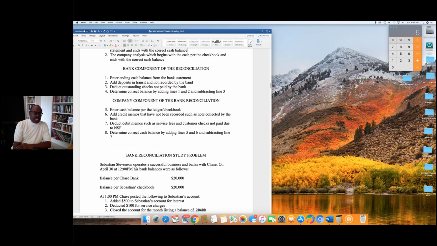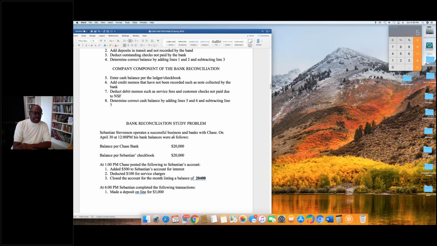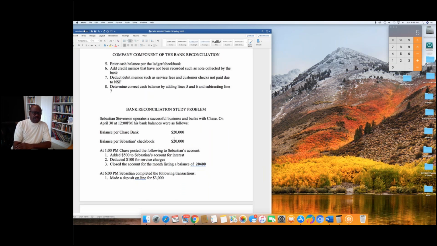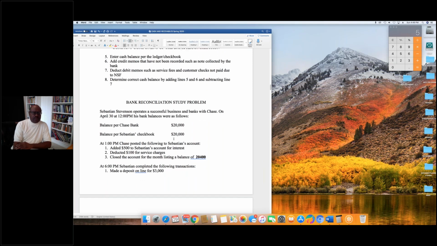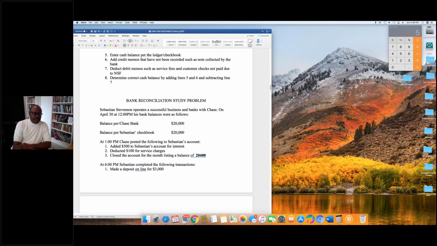Let's look at a bank reconciliation situation. Sebastian Stevens, a former student, wrote this. He operated a successful business and he was banking with Chase. On April 30th at 12 o'clock midday, the balance per the bank was $20,000 and the balance in Sebastian's checkbook was $20,000.